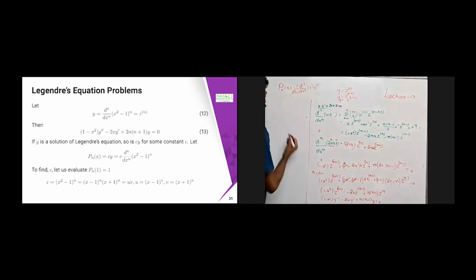What I have proved is that y equal to z power n means y equal to d power n by dx power n of x square minus 1 power n, because my z is x square minus 1 power n. So this is a solution of this equation. Therefore Pn of x is going to be of this form, c into d power n by dx power n of x square minus 1 power n, which is nothing but the Legendre polynomial.